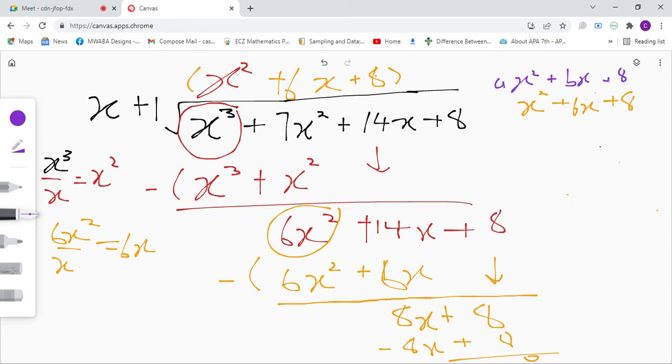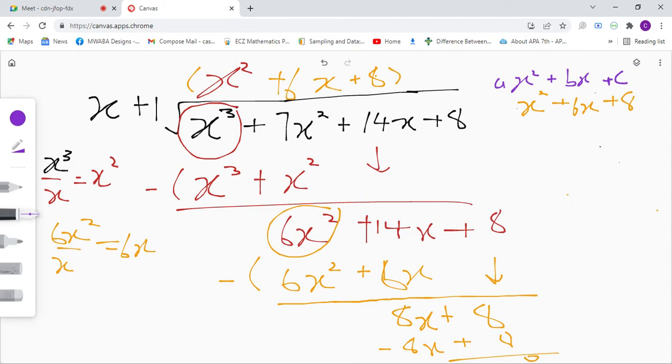We're going to determine our a, b, and c. A is the coefficient of x squared.